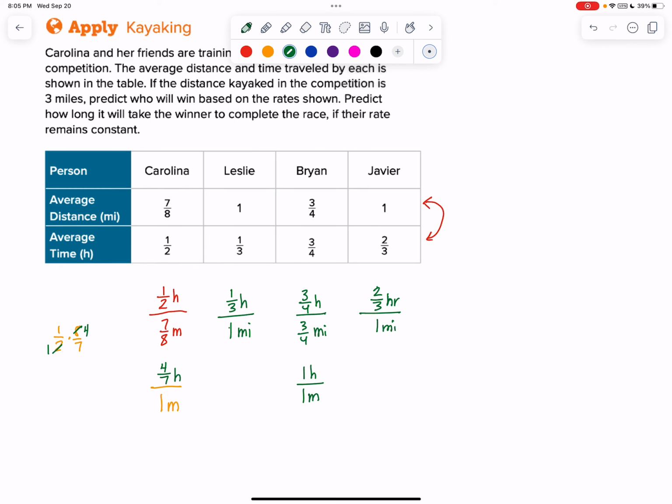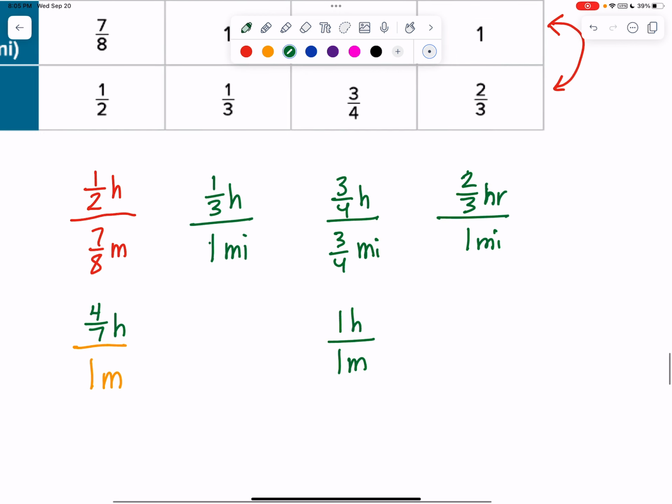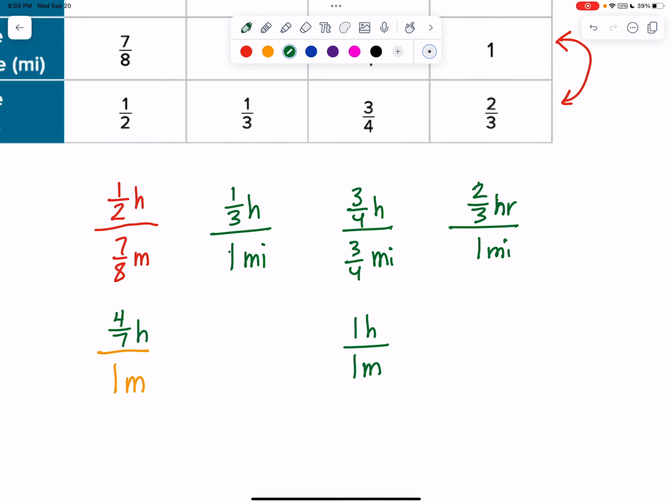So the question is now, who will win, okay? And so we want to know who can do a mile in the shortest amount of time, okay? So if you look at all these numbers, some of them have different denominators, so you have to be a little bit careful. But we can look at some things like this, okay?